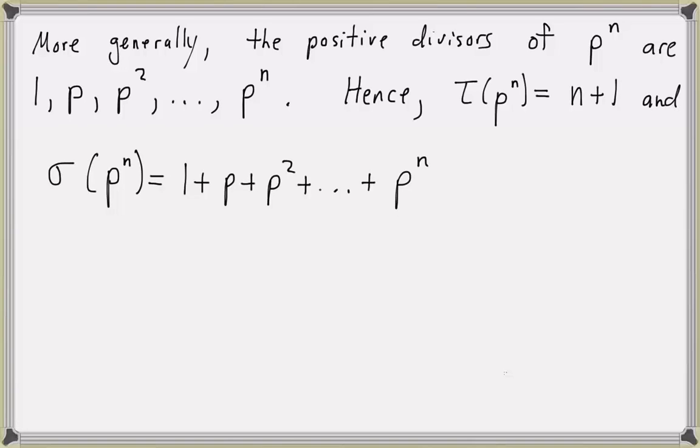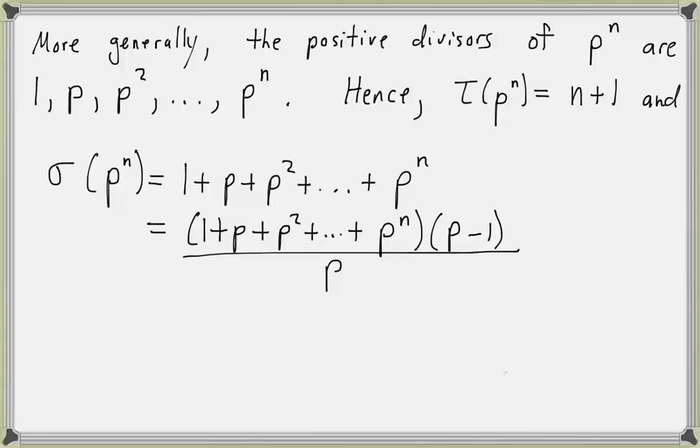But I can rewrite this as the quantity 1 plus p plus p squared all the way up to p to the n, times p minus 1, and divide by p minus 1, and we get the formula for the finite geometric sum.